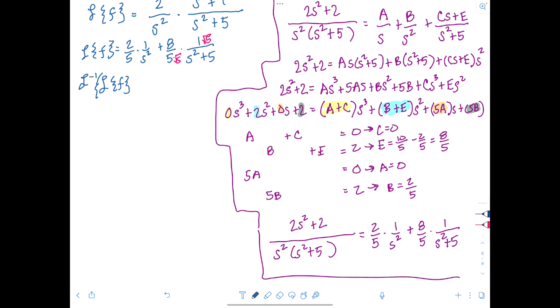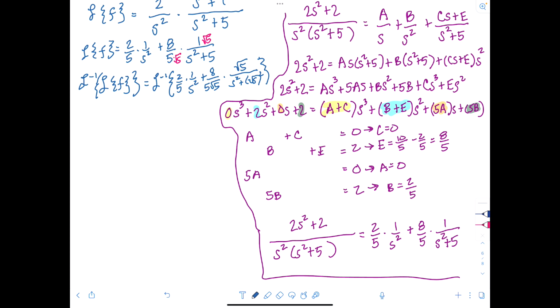of L{f}, which is going to be the inverse Laplace transform of 2/5 times 1 over s squared plus 8 over 5 root 5 times root 5 over s squared plus root 5 squared.